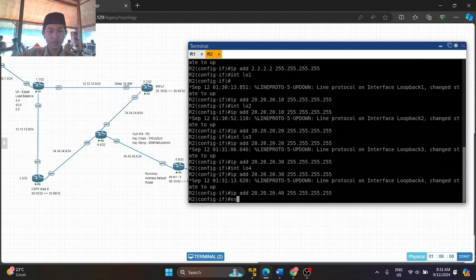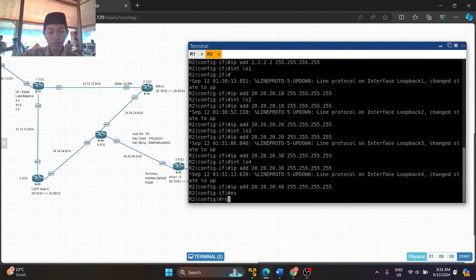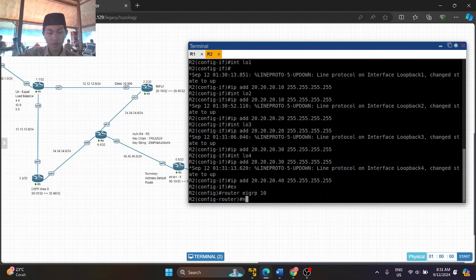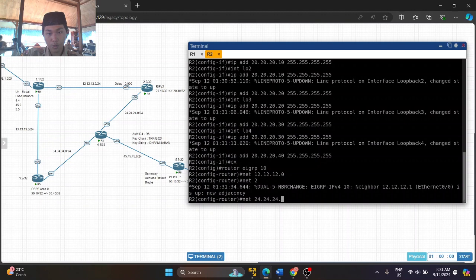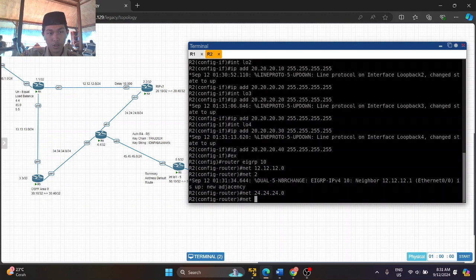Okay. Let's move to router EIGRP 10. Let's add the EIGRP networks first: 12.12.12.0, 24.0, and then the IP loopback 0.